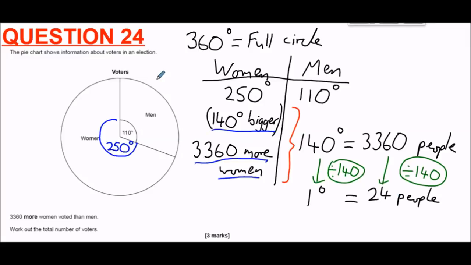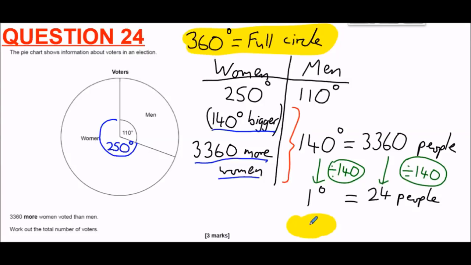But obviously the full pie chart is the full circle, which is 360 degrees. So just going back to the original point, the full pie chart, which represents everybody, is 360. So ultimately we're not interested in 1 degree, we want the full 360.